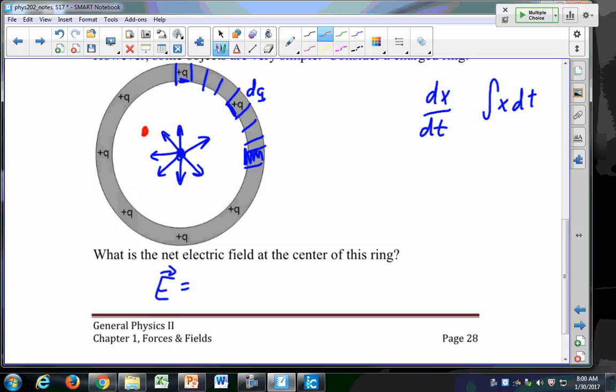And then you have to set up an equation in some way relating the distance from the ring to where you are on that circle. And that's sort of what we're going to do in these first examples. But in that case, at the red point, your electric field would not be 0 because your vectors would not be all equal and opposite. All right, so the center of the ring, electric field is 0.